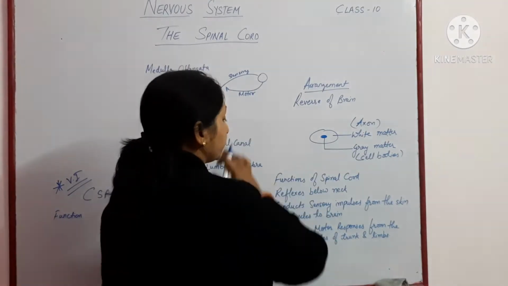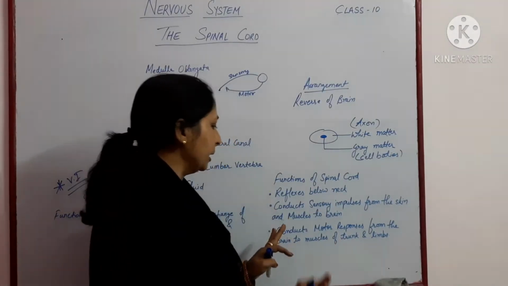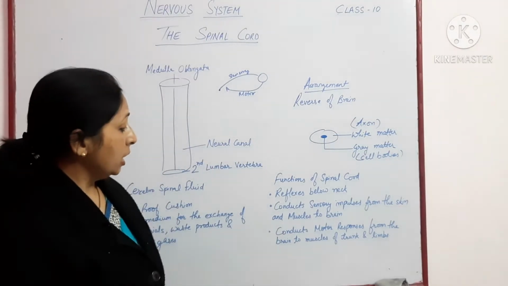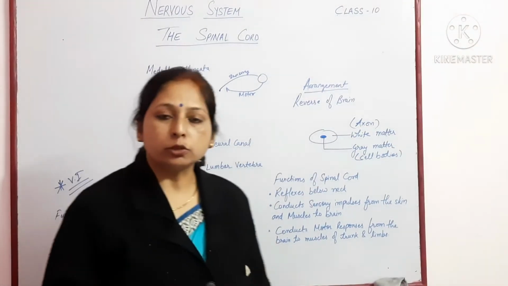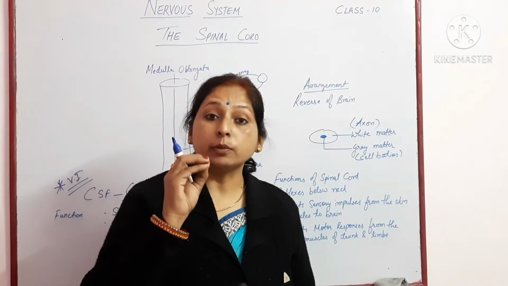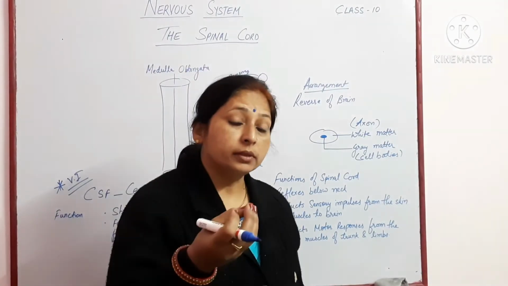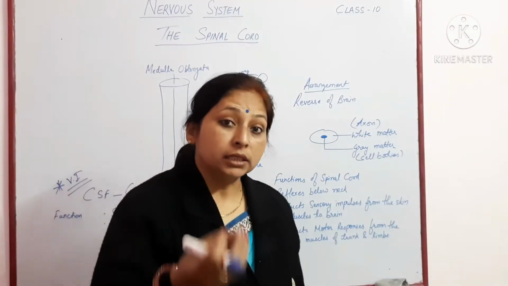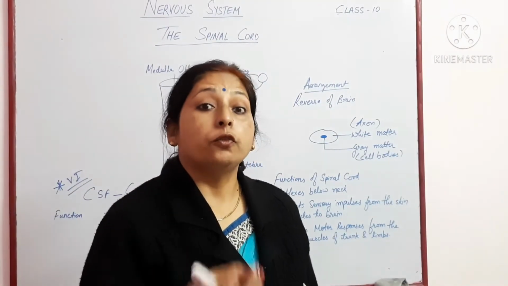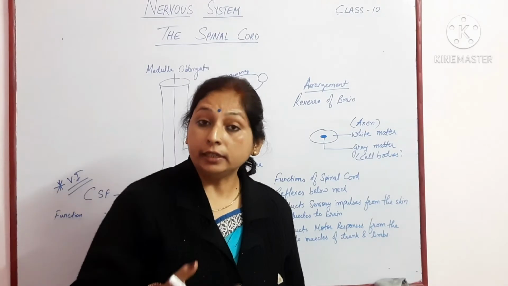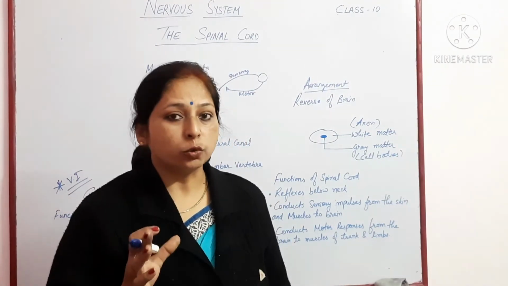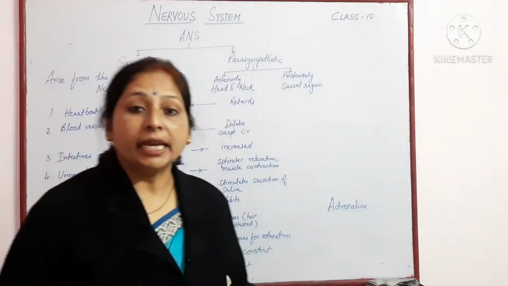So this conducts sensory impulses, and lastly it conducts motor responses. I have explained this also: sensory nerves receive messages, motor nerves take back the messages for the control of actions. So this is the role of the spinal cord.